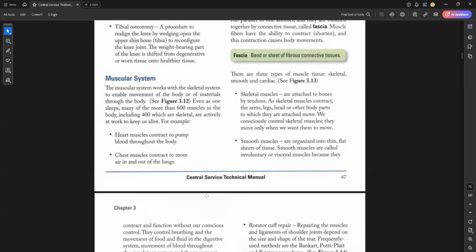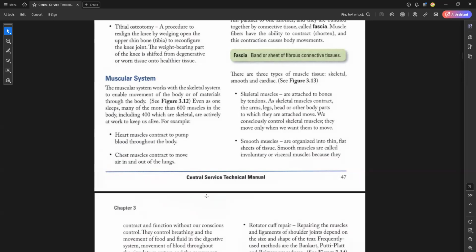Now, anytime somebody has to walk or somebody has to be in motion, muscles must move. It's only when muscles move that the body can set itself into motion. So without the muscles, we cannot even walk. That's the interesting thing.